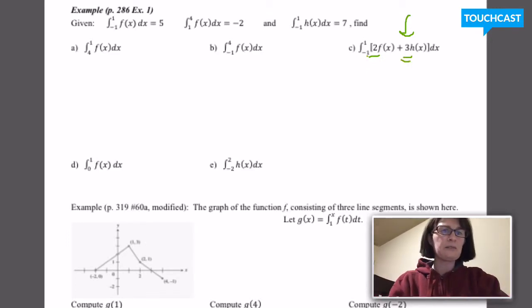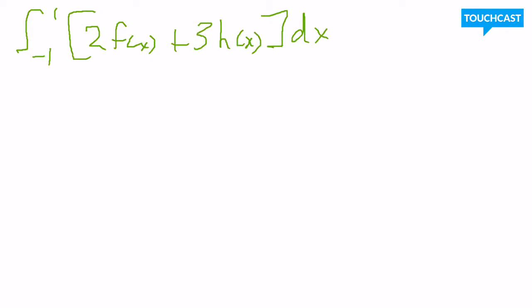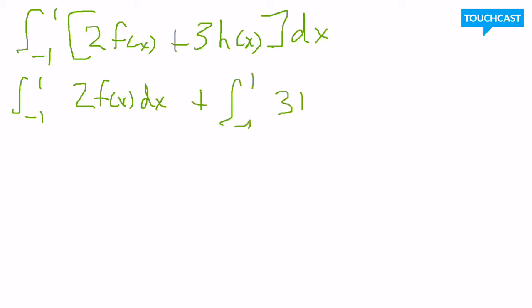So watch how I'm going to break this up. I'm going to start by splitting this up at the addition sign. So I'm going to keep my limits the same. That's going to be the integral from -1 to 1 of 2f of x dx plus the integral from -1 to 1 of 3h of x dx.